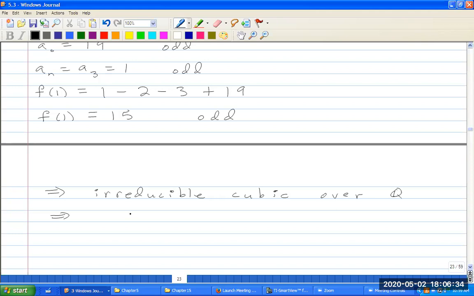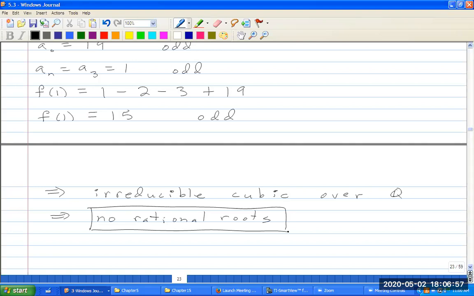There are no roots of this equation. And so in this case, we found that this polynomial has no rational roots because it's a polynomial of a low degree.